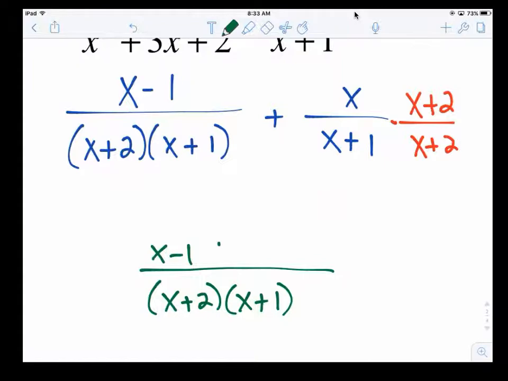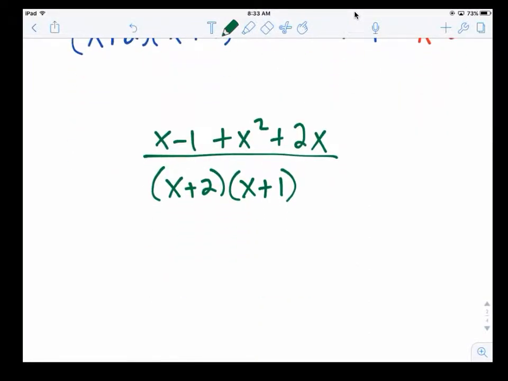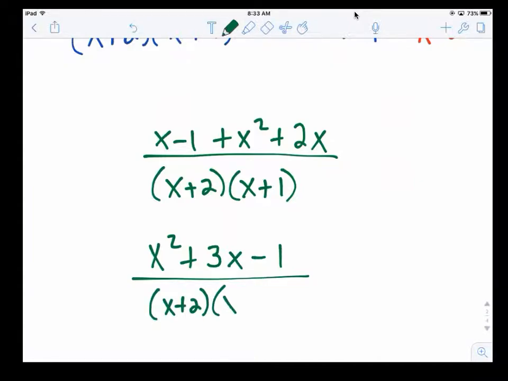Right, so you're going to add x squared plus 2x. All right, so you do x times x plus 2. Now that they have the same denominator, you can put them together. So if I simplify the top now, I get x squared plus 3x minus 1 over x plus 2, x plus 1.